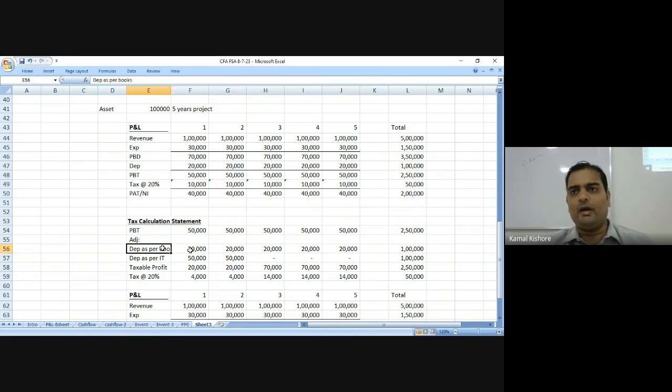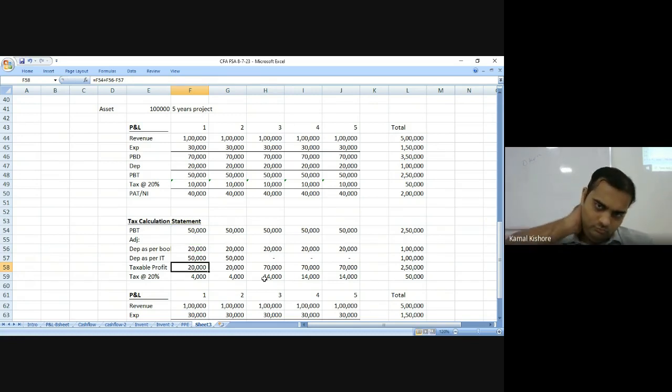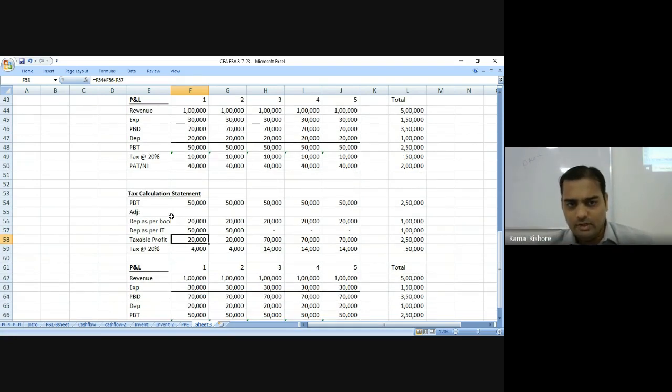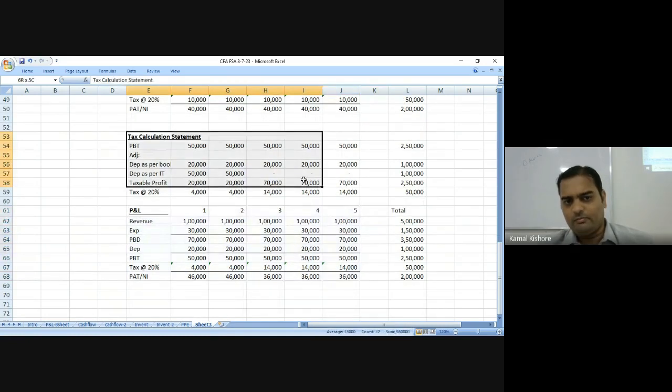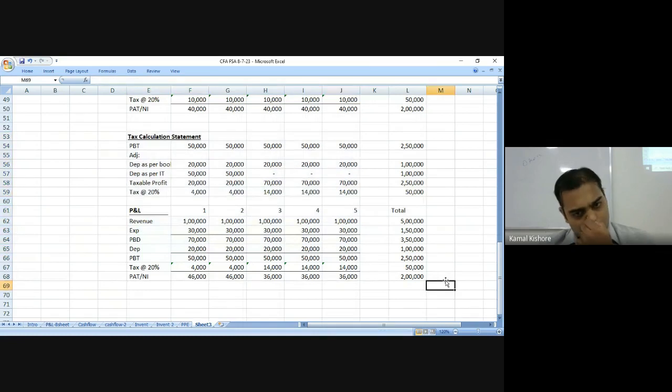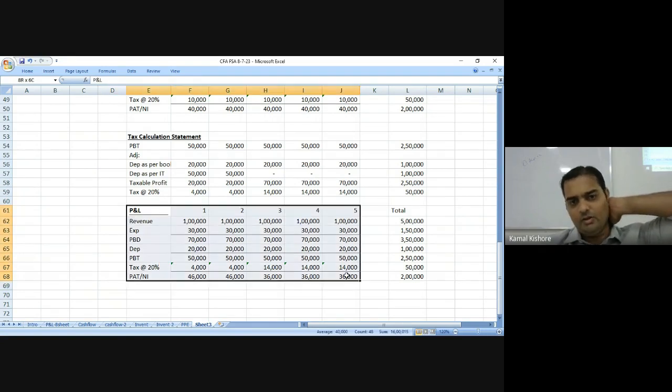Depreciation as per books, you are adding back. And whatever they are allowing, that you are deducting. Work out these two tables first. Or what you can do is instead of that table, you can take up this table first, and then this table. Here you will take this number from this table. Give that reference. First do this table, then you can do this table.